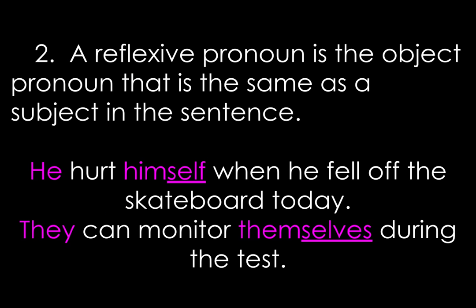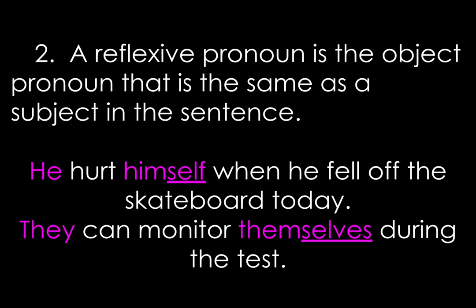A reflexive object pronoun is the object pronoun that is the same as the subject in the sentence. Whew, that's a hard one. What an object reflexive pronoun is: it is the object in the sentence, but it is the same thing as the subject in the sentence.